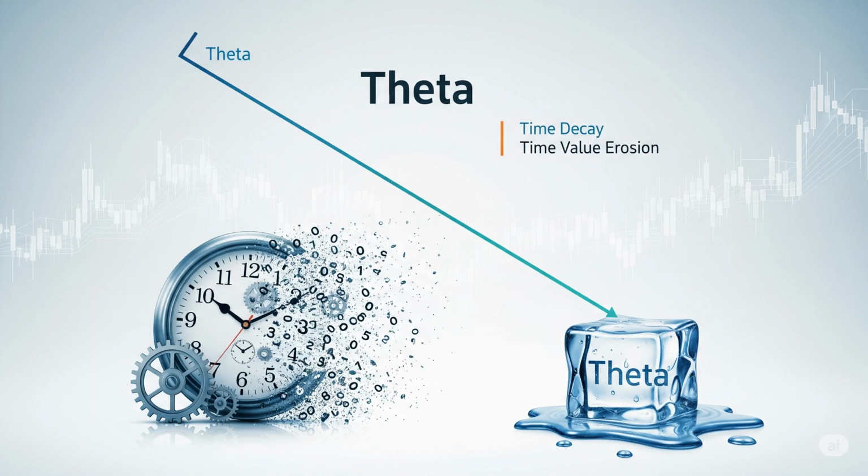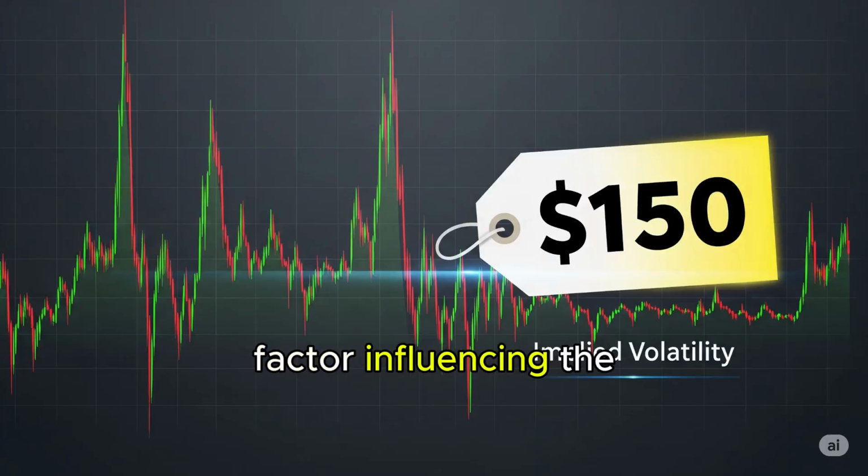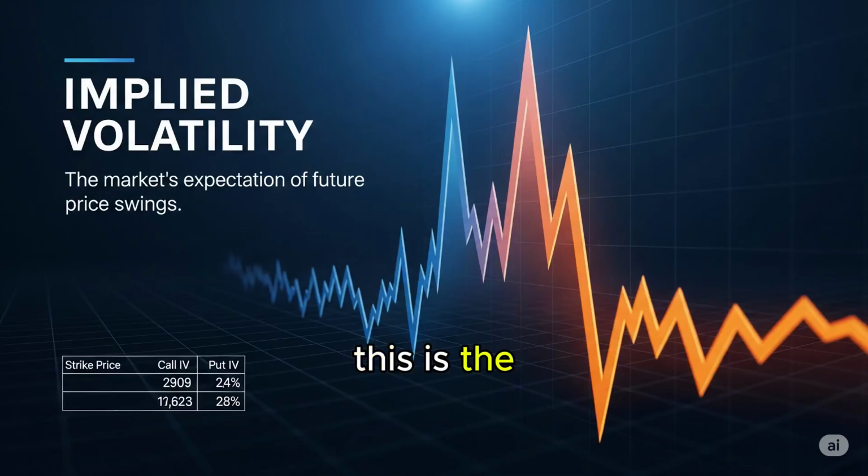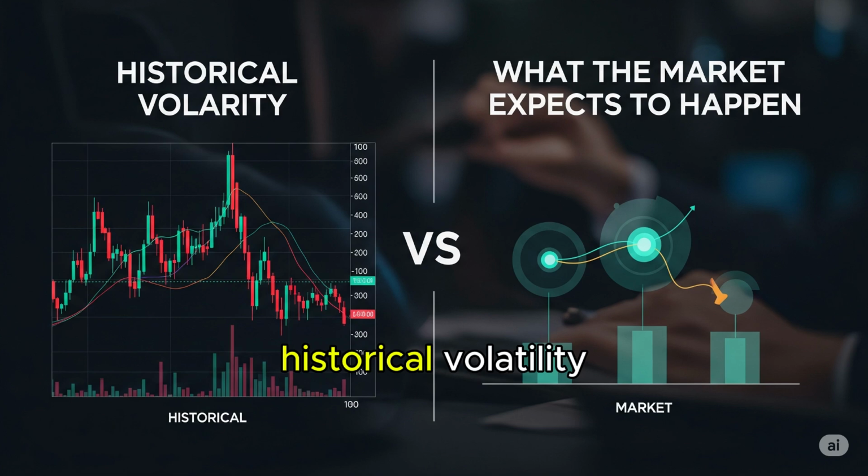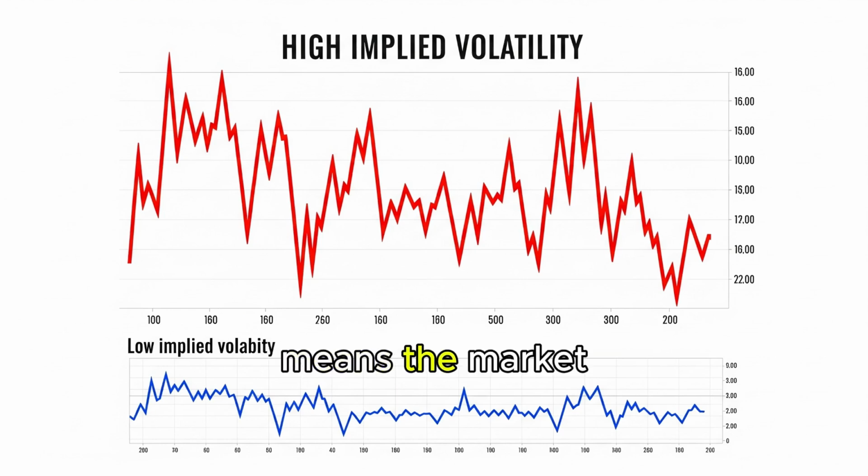The other major factor influencing the option premium is implied volatility. This is the market's expectation of how much the underlying stock price will move in the future. It's not about historical volatility, but what the market expects to happen. High implied volatility means the market expects large price swings.